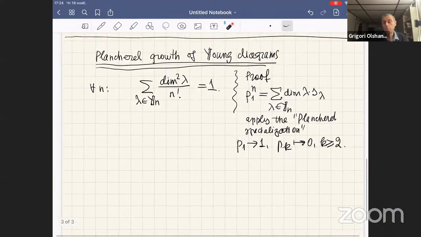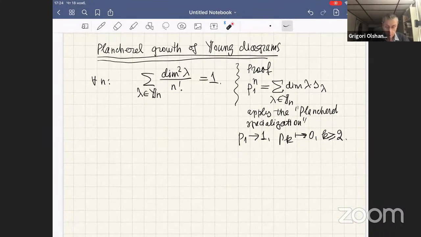But of course, you know that this expresses the fact that the sum of squared dimensions of irreducible representations of a finite group equals its order. The order is this one. So this is a manifestation of this equality from the representation theory of a symmetric group. But here we have a purely combinatorial argument, independent of any representation theory. Okay. So this is one.